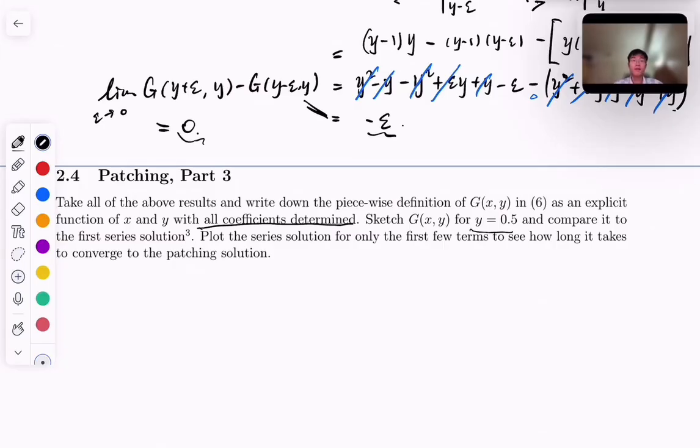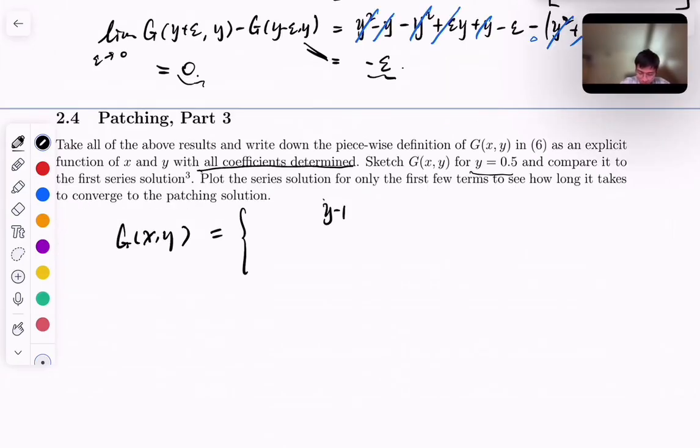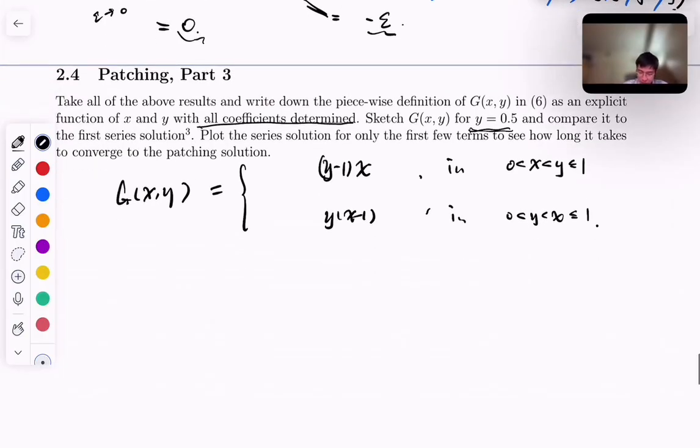For this section, the Green function we derived before equals (y minus 1)x and y(x minus 1), and we set y equal to 0.5 to compare it to the first series solution.